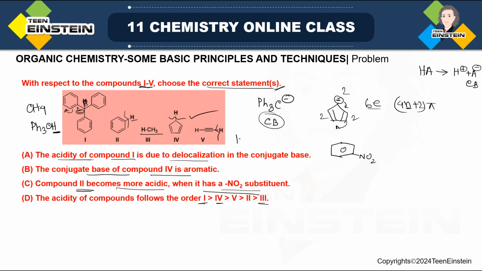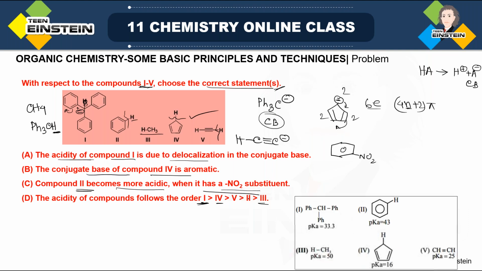If you remove hydrogen from here, what will you get? You will get a negative charge over an sp hybridized carbon, which is stable because of high s character. But in methane, there is no stability factor once you remove one hydrogen. But anyway, just placing 1 at first position makes the complete order wrong, even if you are not sure about the others. So it will not be the correct option.